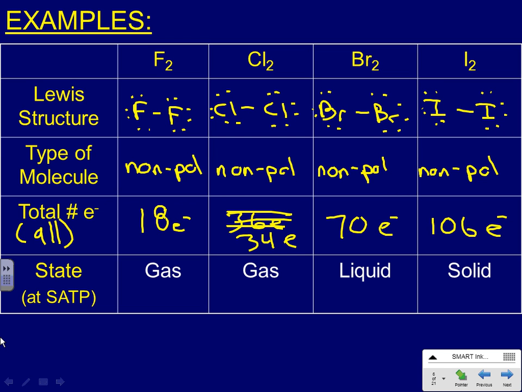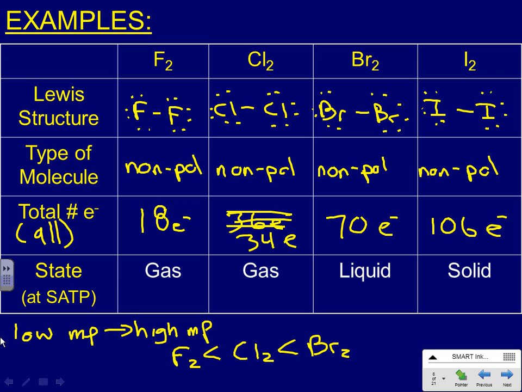So if I were to rank these from low melting point up to higher melting point, then the low number of electrons will have the weakest London forces, and it will have the lowest melting point. It will take not very much energy to break that apart. So we're looking at F2 is less than Cl2 is less than Br2 is less than I2. Okay?